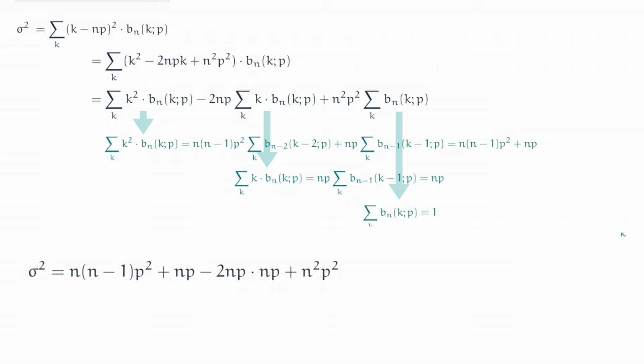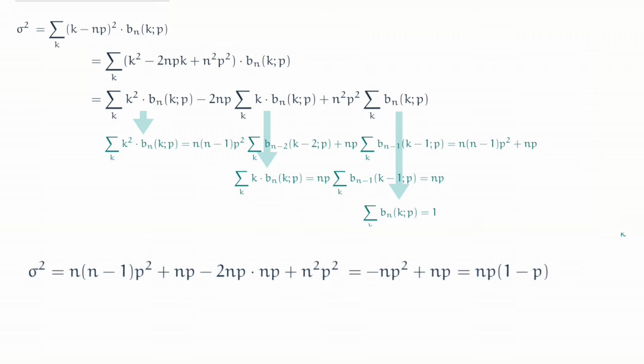You end up having a total of n squared p squared minus 2n squared p squared plus n squared p squared, and those terms vanish, leaving behind a simpler expression, minus np squared plus n times p. But of course, now we feel irresistibly compelled to simplify it further by factoring out the quantity n times p, leaving behind n times p times 1 minus p.